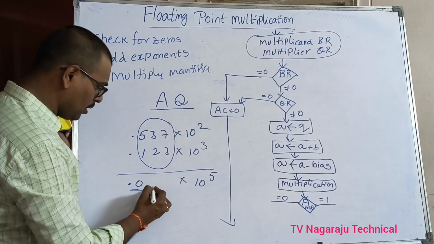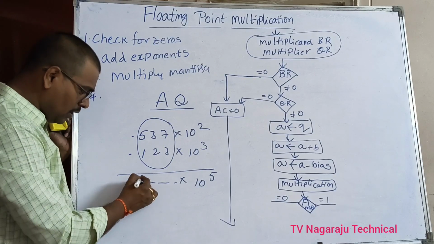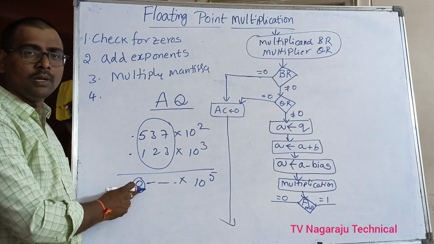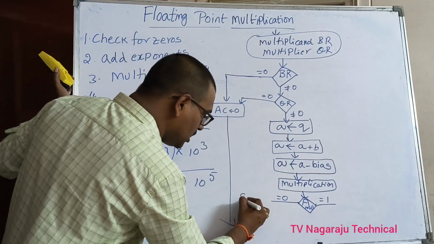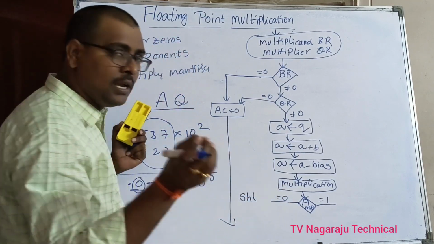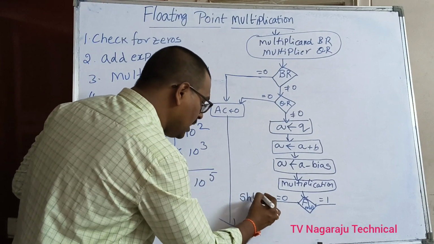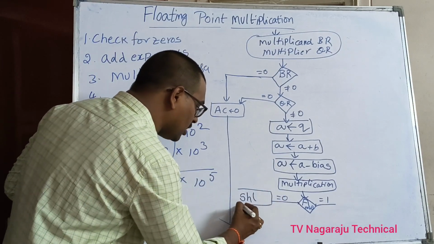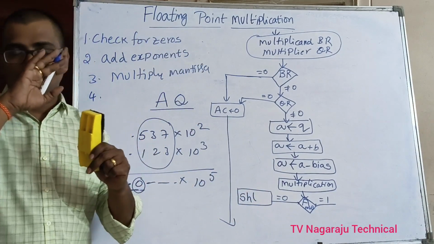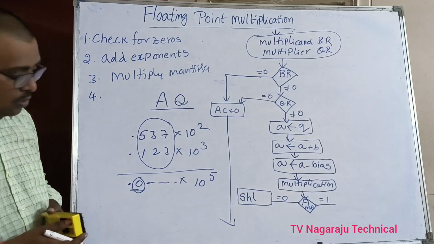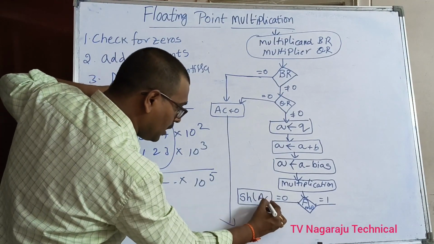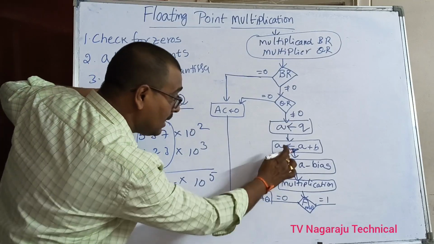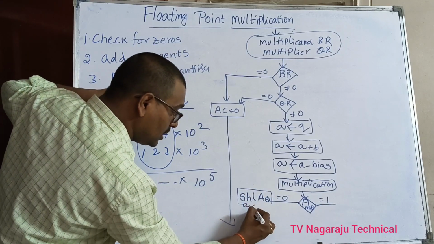For example, if you are getting this 0, then what do you need to do? If the MSB value is equal to 0, then we perform a shift left operation. You got the point? Shift left operation on A cube, and then the exponent value is decremented.